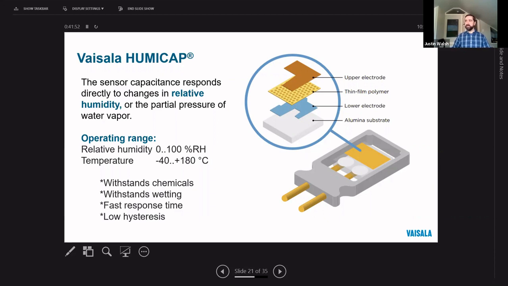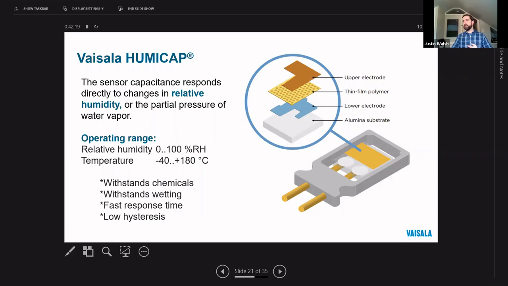It responds directly to the change in relative humidity, releasing the water vapor immediately to maintain equilibrium. The upper electrode is only permeable to water molecules, resulting in extremely good chemical resistance, the ability to operate in dusty, dirty, and oily environments. This all means we have a compact, durable, sensitive, low drift sensor well suited for atmospheric conditions.